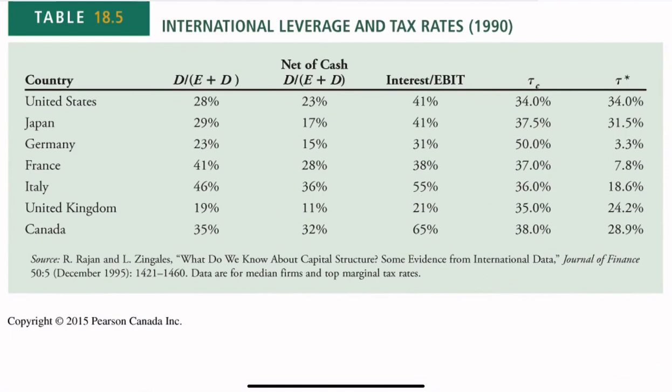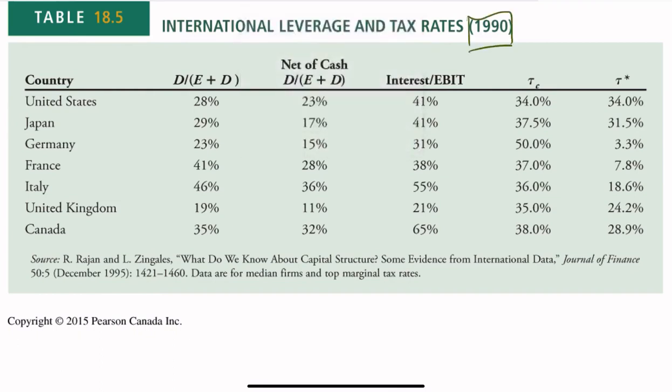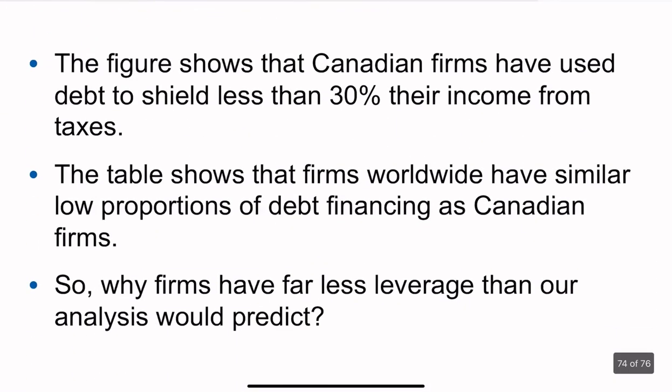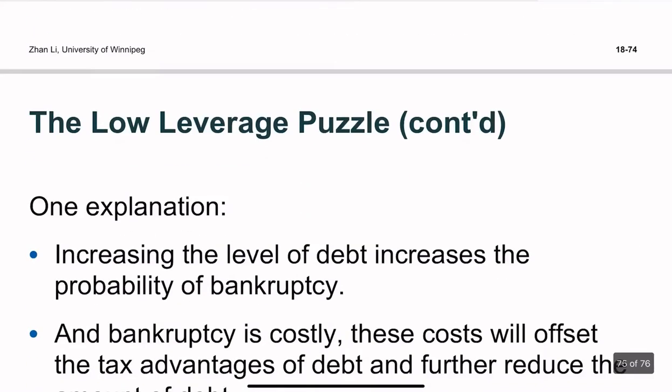And we could also observe the same thing if we look at this internationally across different countries. You can see that in 1990, most countries, except maybe Canada, have this low interest to EBIT ratio. So why?